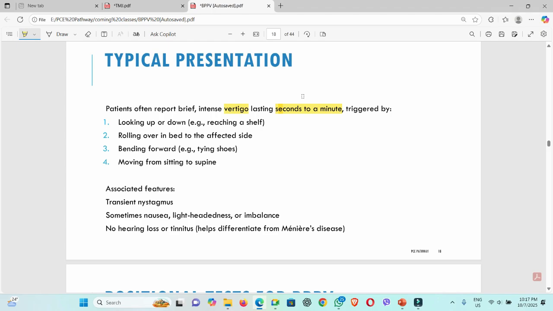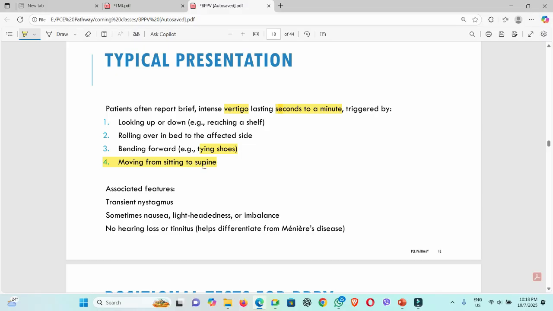Triggered by, now these words will be there: the patient is complaining of vertigo for some seconds to a minute after looking up and down, reaching a shelf. The person is complaining of vertigo a few seconds after rolling in bed, after tying shoes, that means bending forward, or while moving from sitting to supine.